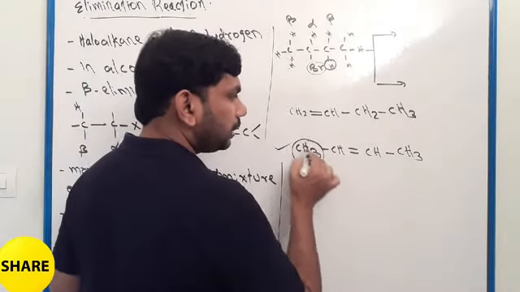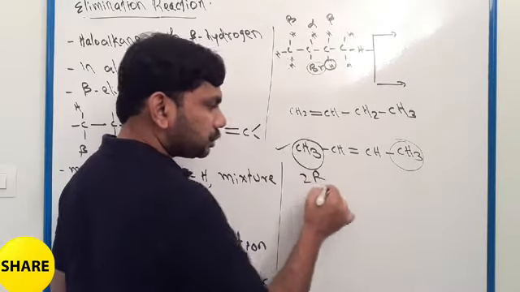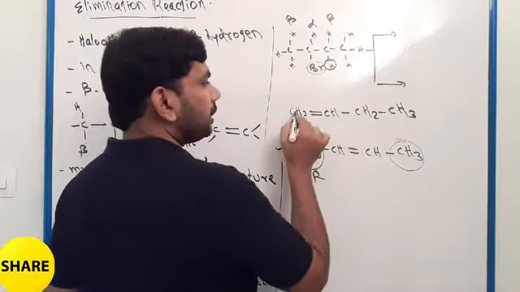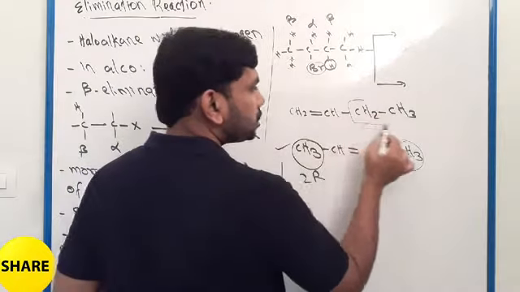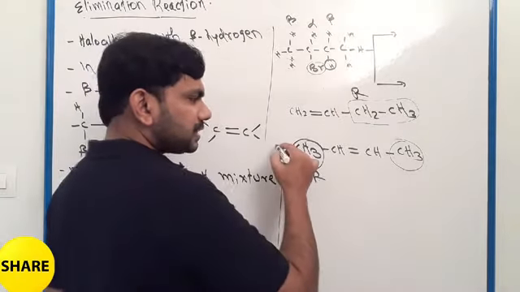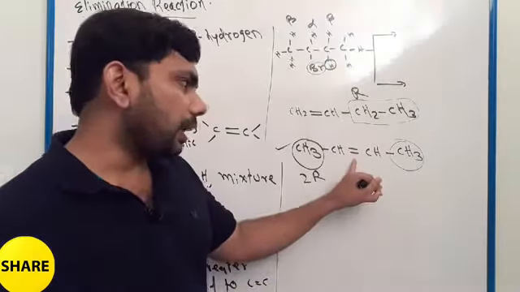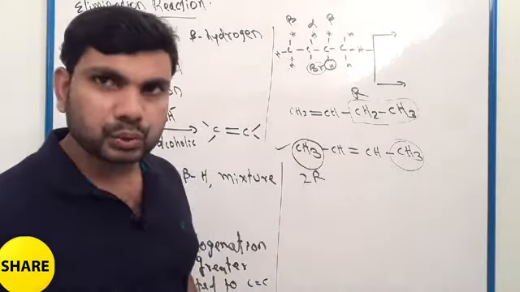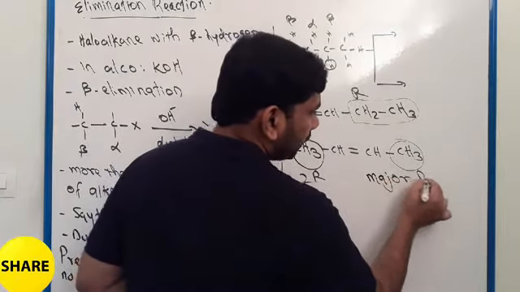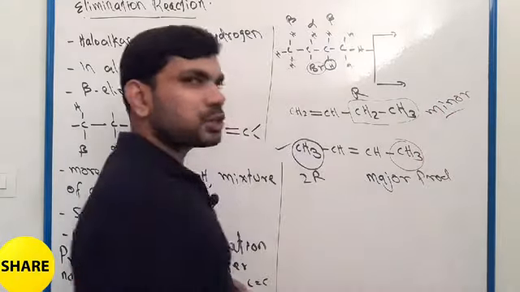Here is one alkyl group and here another alkyl group, so 2 alkyl groups are substituted. But in the other, it is 2 hydrogens and one C2H5, so only one alkyl group is substituted. So this, with alkyl groups on both sides, will be the major product, and the other will be the minor product according to Saytzeff rule.